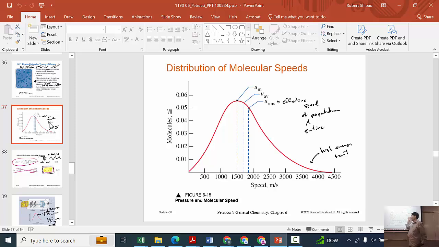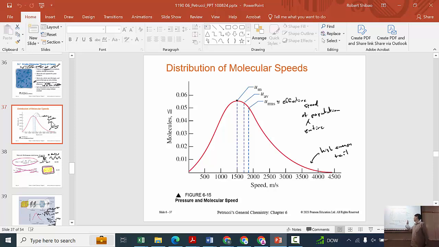In the RMS, we aren't actually going to calculate it like this, but the RMS is if you take every speed, and there's a lot of speeds here, if you take every speed and square it, and then average the squares, and then take the square root. That would be the root mean squared. But what does it mean when you do that? From statistics, what it means is this.